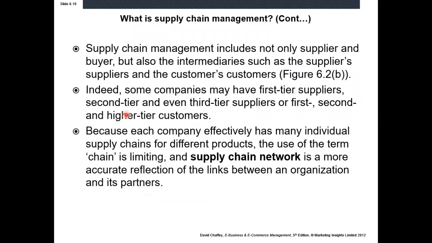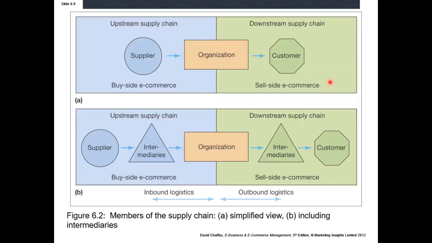Then supply chain management includes not only supplier and buyer, but also intermediaries, such as suppliers and customers. Look at figure 6.2b. Now, in this figure, like I mentioned earlier, there are certain added parties, right?